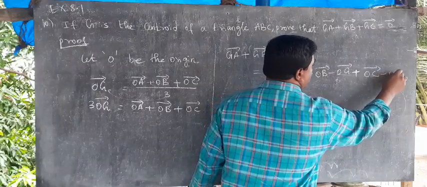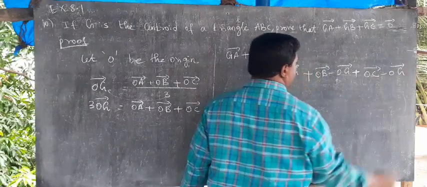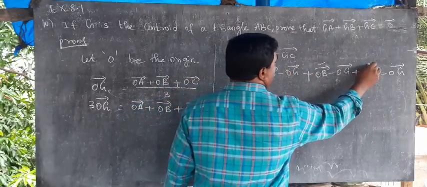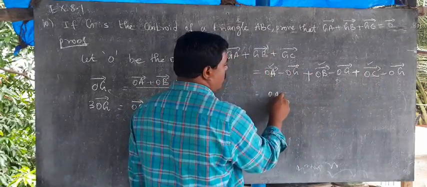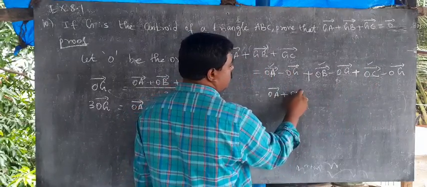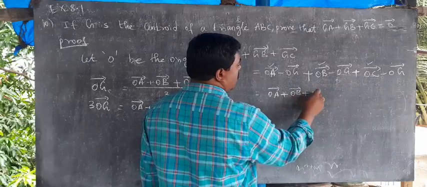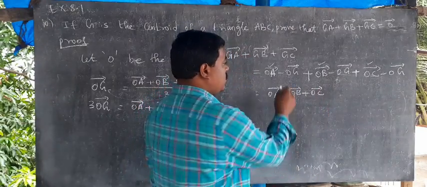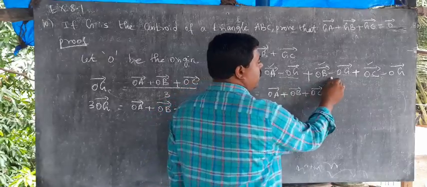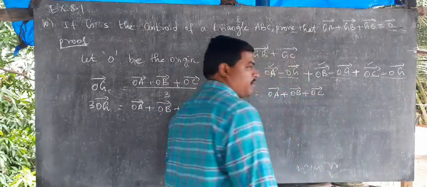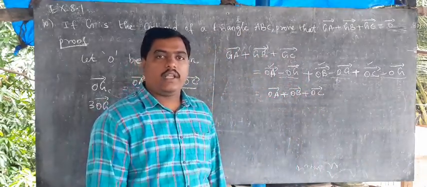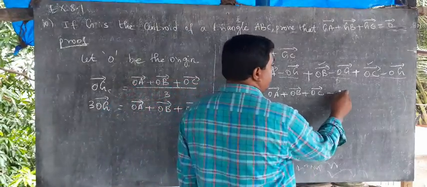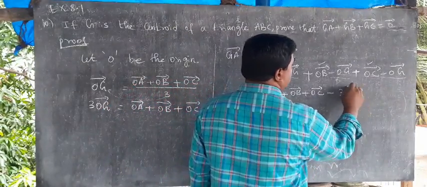Now OA vector plus OB vector plus OC vector. Now OG, OG, OG, that is minus OG, minus OG, minus OG. So minus 3 times OG, 3 times you are having, so minus 3 OG vector.